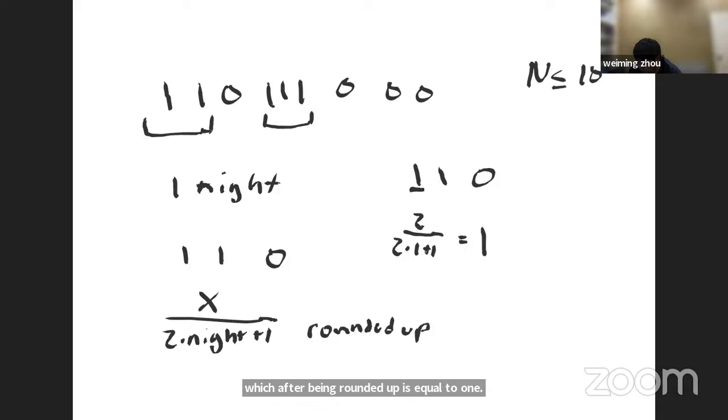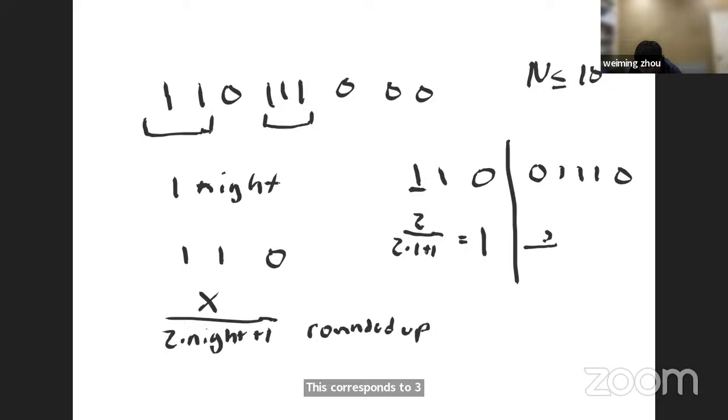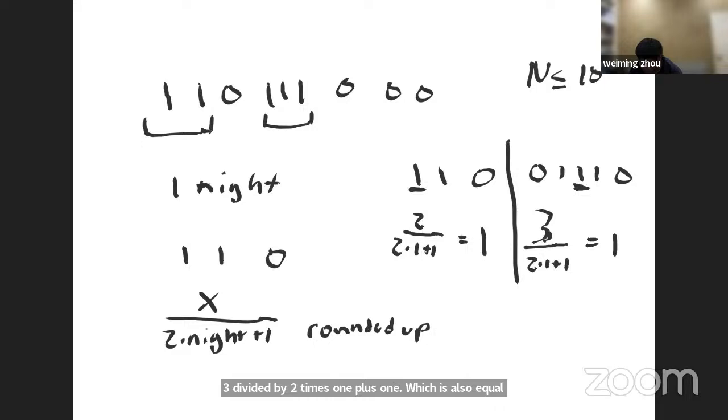And then if we have a clump of size 3, this corresponds to 3 divided by 2 times 1 plus 1, which is also equal to 1, and this corresponds to placing a cow here.